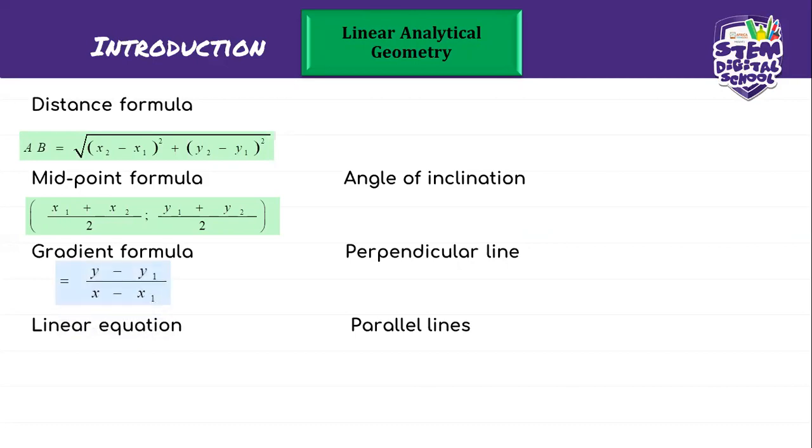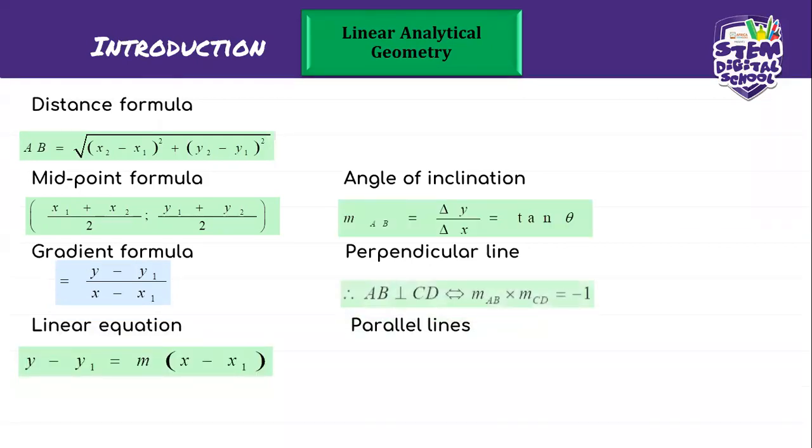Then we have the gradient formula. For the gradient formula, you also need 2 points in order to calculate the gradient, which equals the gradient of that particular line, right? Then we have the perpendicular line.